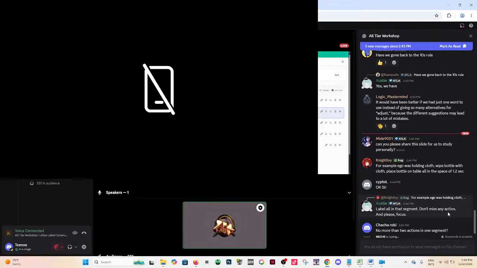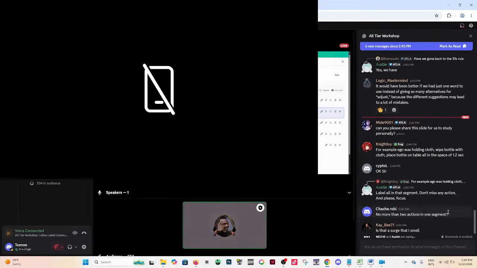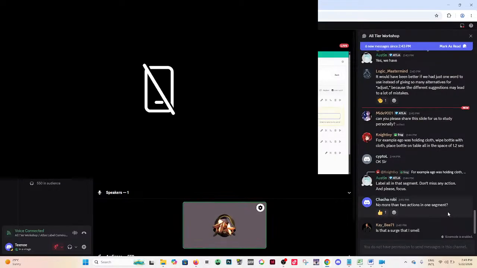Still no more than two actions in one segment. Here, look at this: it is 12 seconds, so that is not allowed. So this would be hold cat food pouch, then place cat food pouch on display stand.